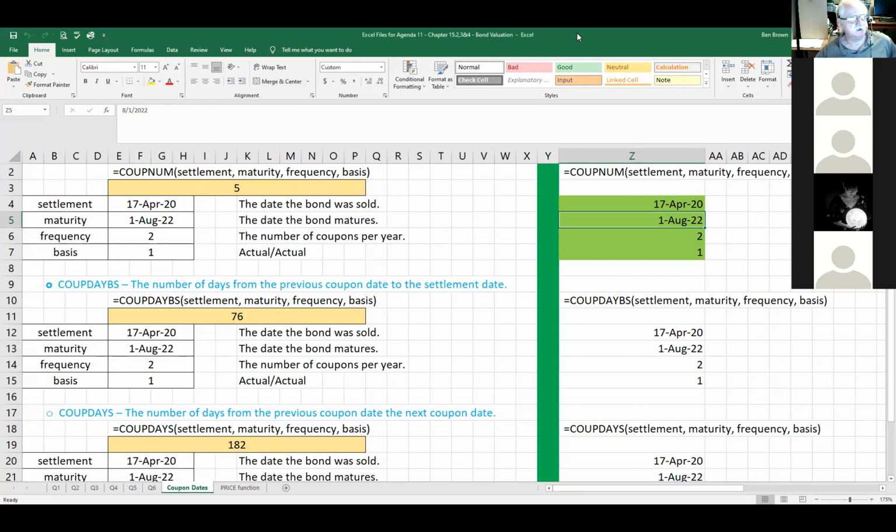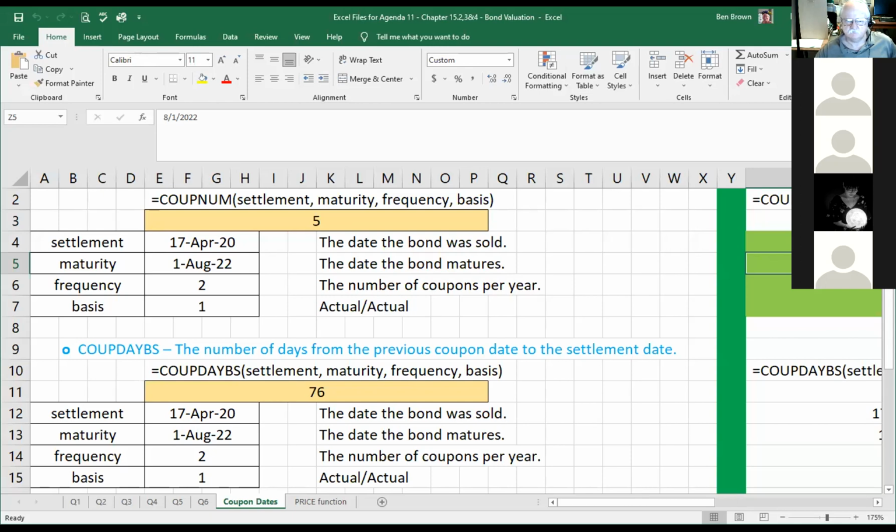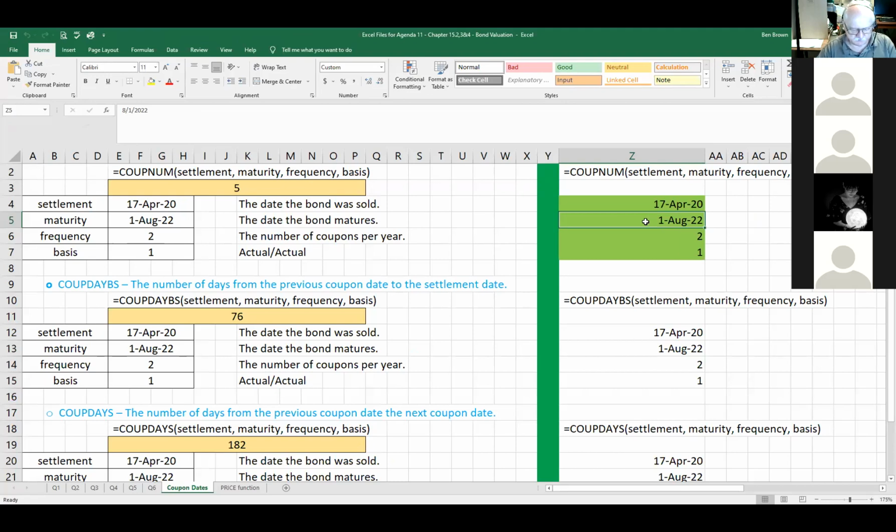I could go find it, I guess. So the question says they're redeemable at par on May 15th, 2034. So here I want May 15th, 2034.